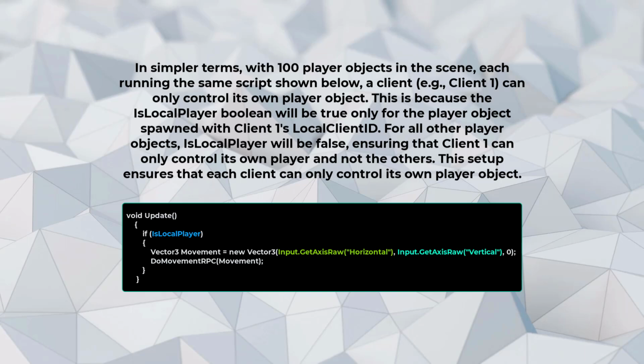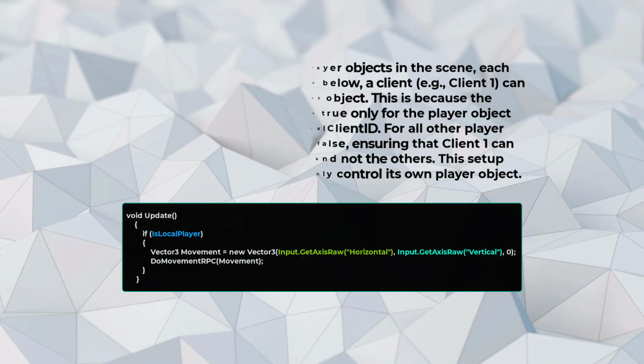This is because the IsLocalPlayer boolean will be true only for the player object spawned with client 1's local client ID. For all other player objects, IsLocalPlayer will be false, ensuring that client 1 can only control its own player and not the others. This setup ensures that each client can only control its own player object.